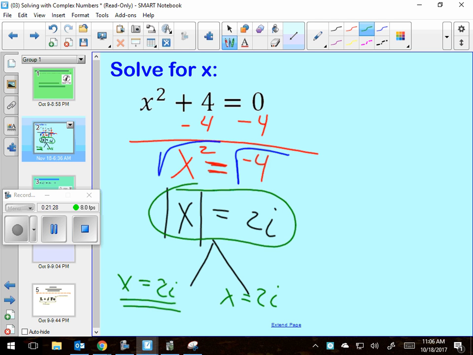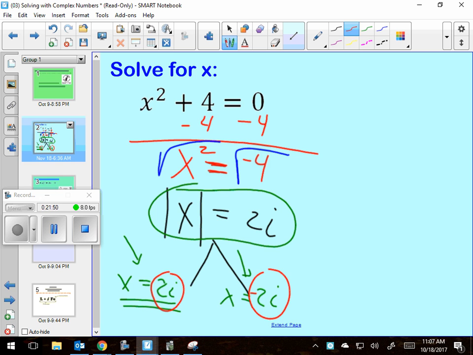What's different between this equation and this equation is that there's got to be a negative right there. So final answer, x equals 2i, and x equals negative 2i. And people that shortcut that and just think, well, the square root of 16 is just 4 and negative 4. Nope, not going to give you credit. You have to learn this.